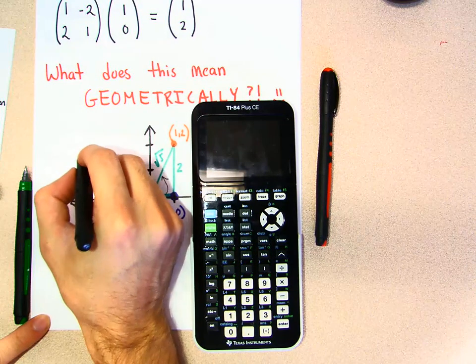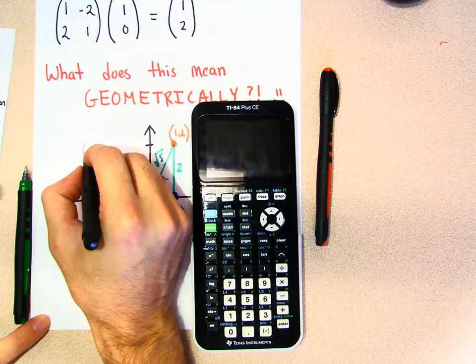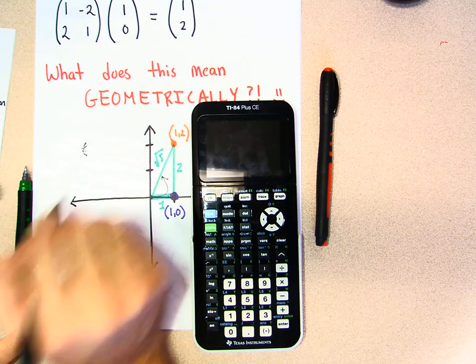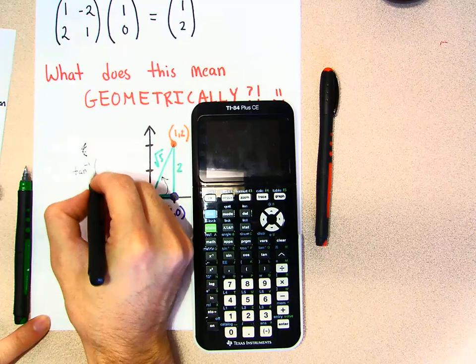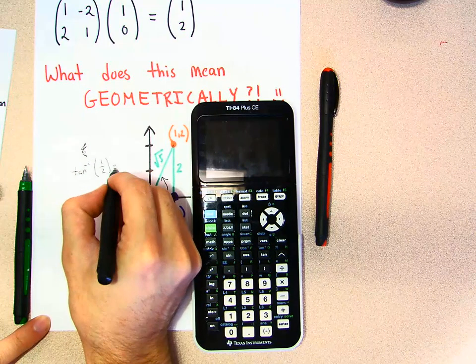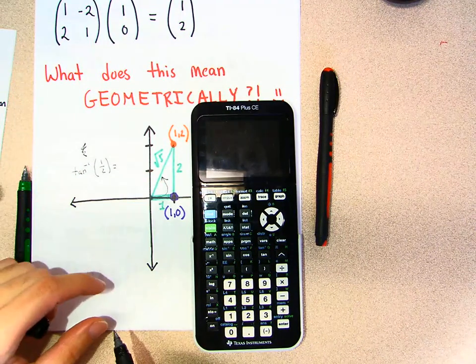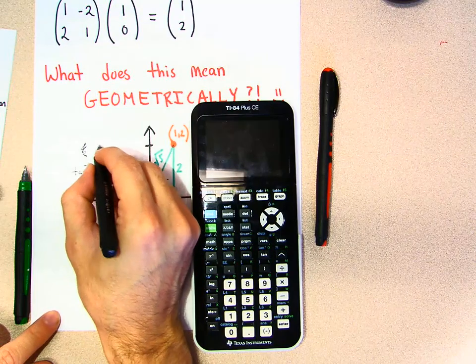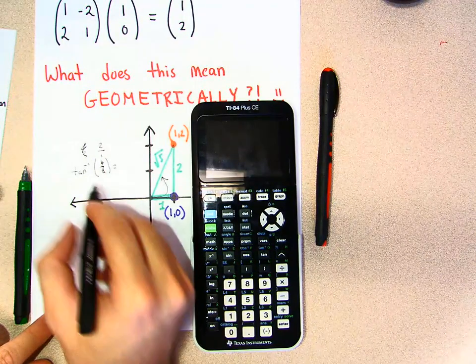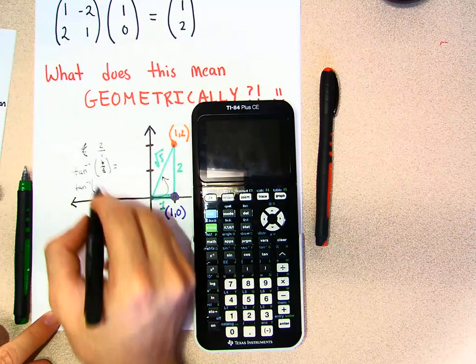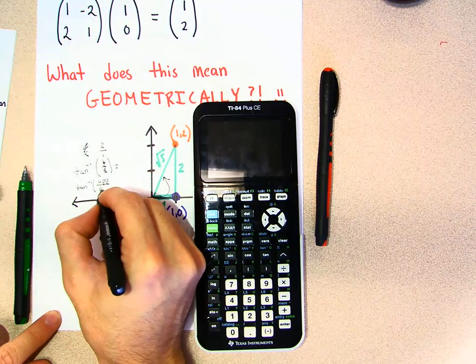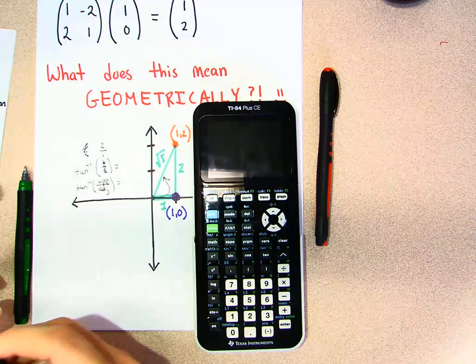So if I have this point 1 comma 2, I could use tan inverse of 1 over 2, and that will give me the amount of rotation. I'm sorry, not 1 over 2. 2 over 1, right? Because tangent is opposite over adjacent, right? And let's see how much rotation we'll get.